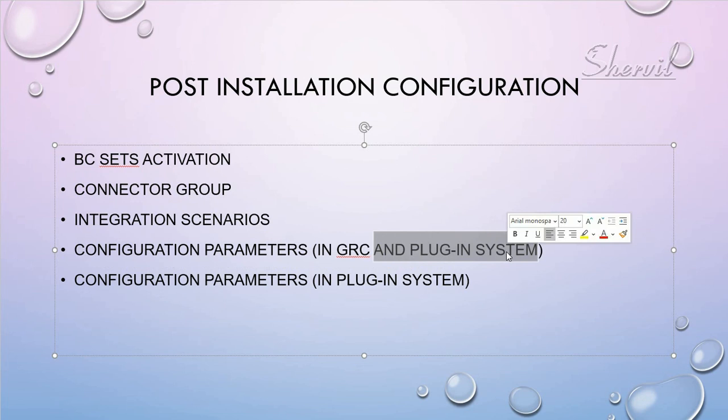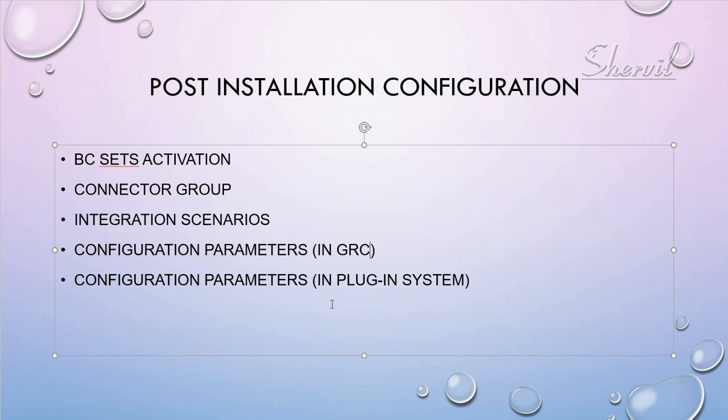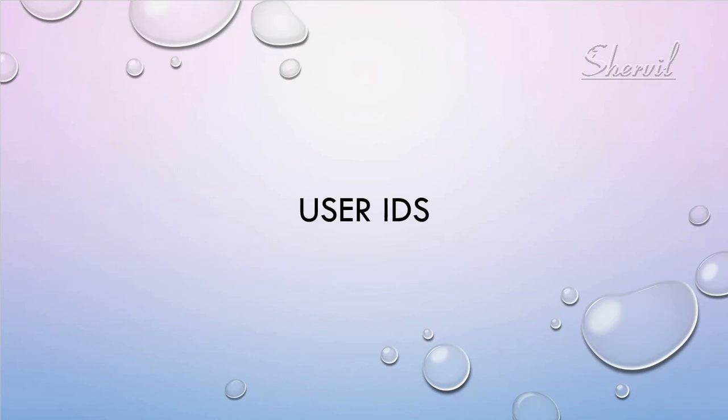So you need to set up configuration parameters in both the GRC system and also a couple of them in the plugin system. Okay, we'll see in detail what these parameters are, what is the purpose of each of them, and what values you could give to those parameters. Okay, so that's it.